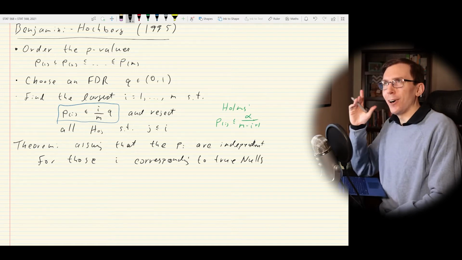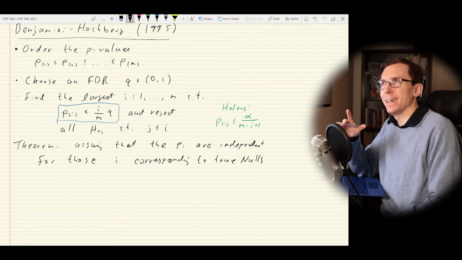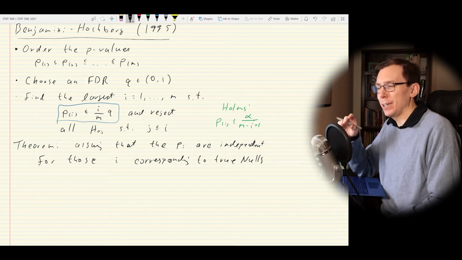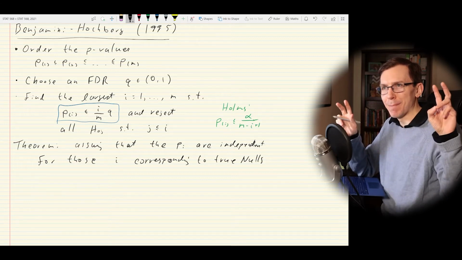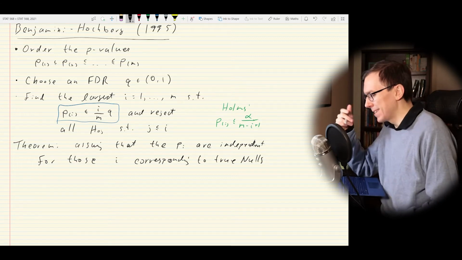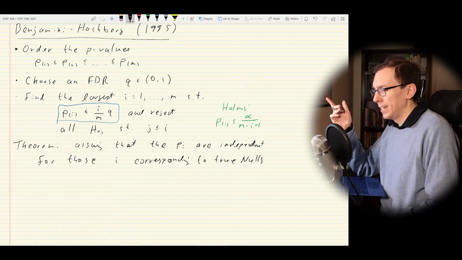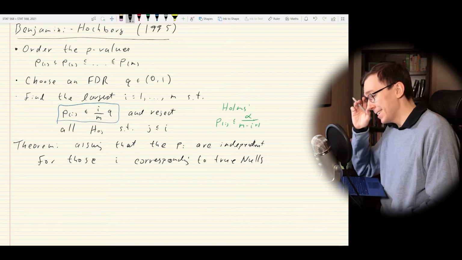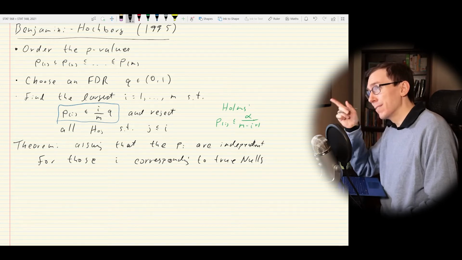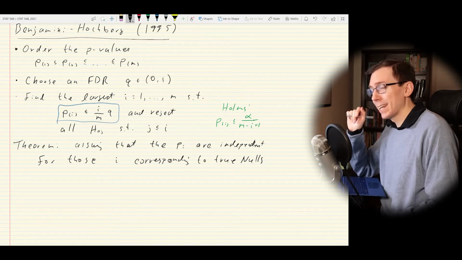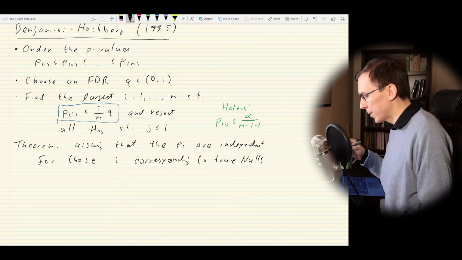Basically, we don't need all the p-values to be independent. We just need the p-values coming from null hypotheses to be independent. So slightly weaker, still kind of a strong condition. It would work in our cases for most of the designed experiments that we would look at in this course, not always going to be true in general.